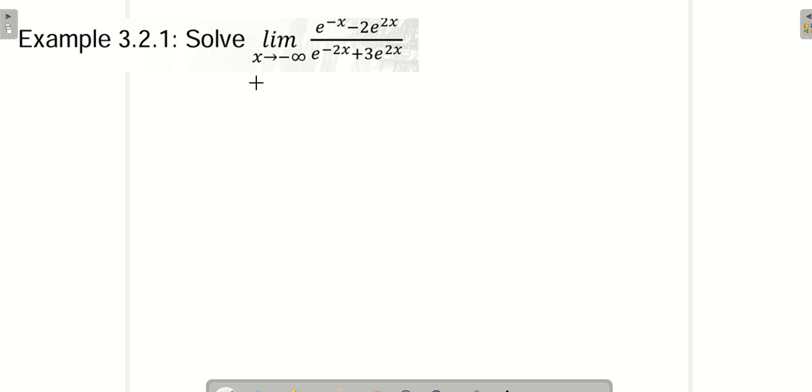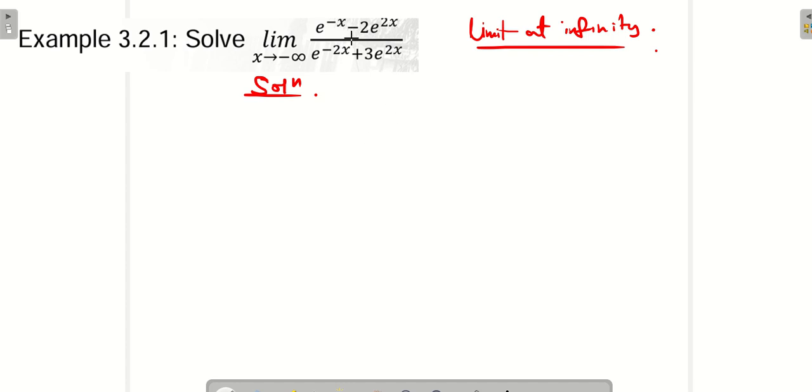Now let's take this question under limits. We are to find the limit at infinity. Now look, finding the limit at infinity, we have e to the power negative x minus 2e to the power 2x, all divided by e to the power negative 2x plus 3e to the power 2x.